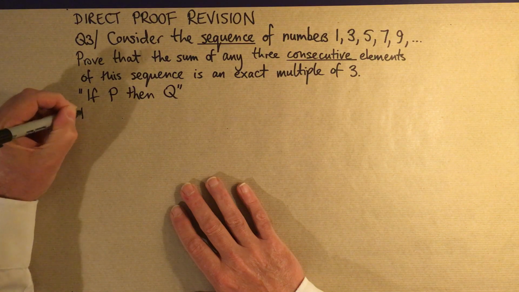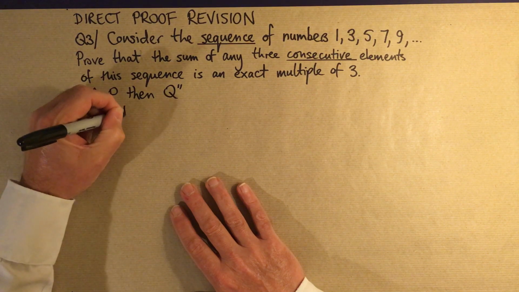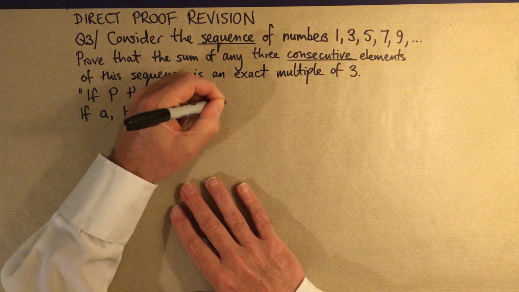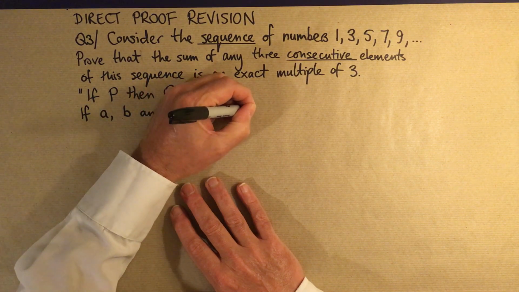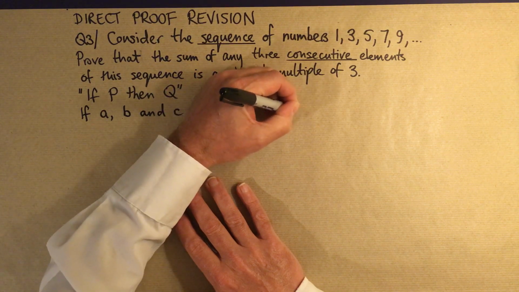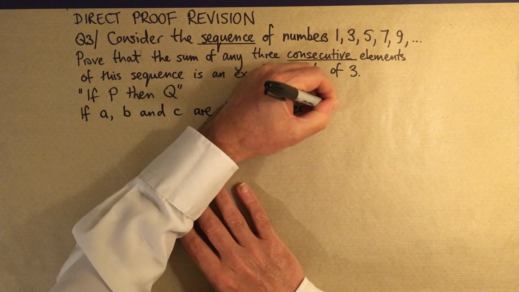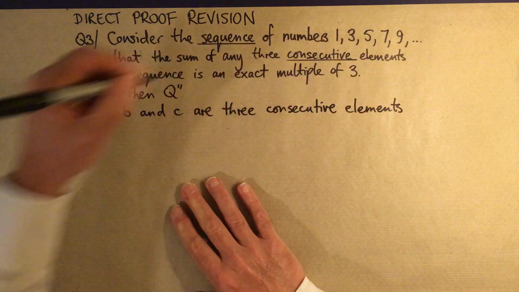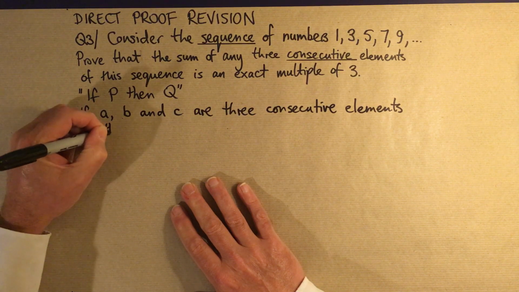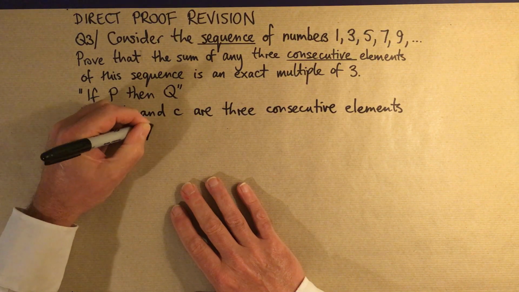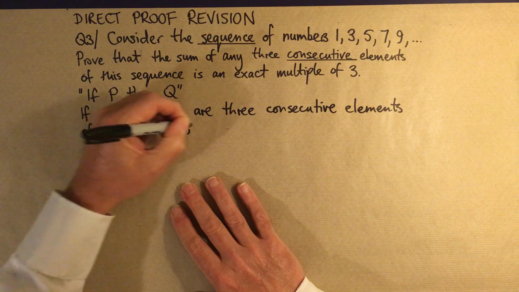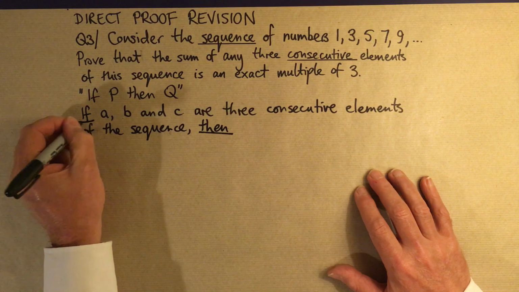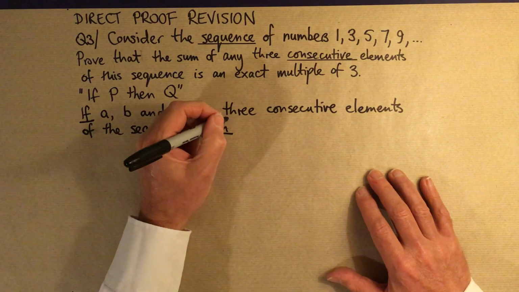So we say, if A, B and C are 3 consecutive elements of the sequence, then, so here's our then part of the statement, what can we say?